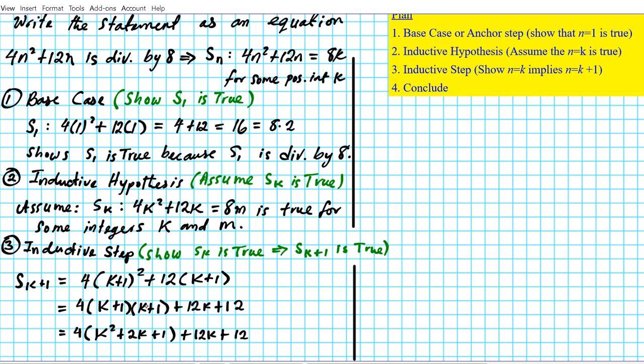If not, you can just FOIL it out, combine the middle terms, and that's where you get the 2k. Okay. All right. So you distribute the 4 across the quadratic trinomial. So we have 4k squared plus 8k plus 4 plus 12k plus 12.